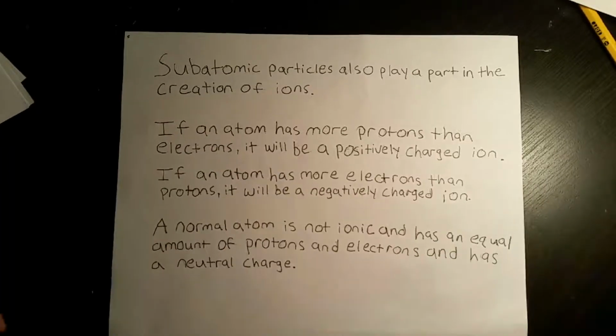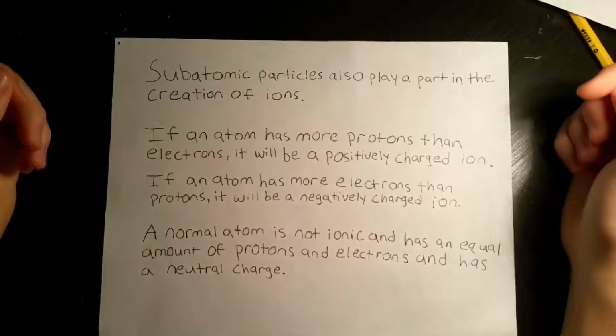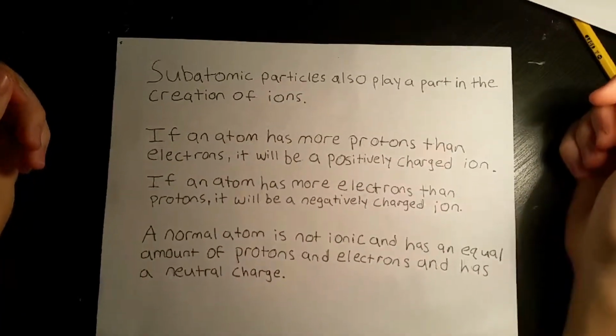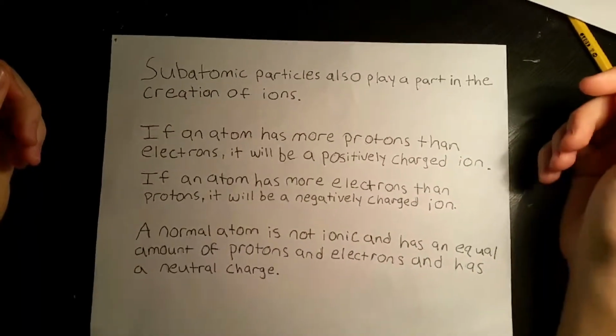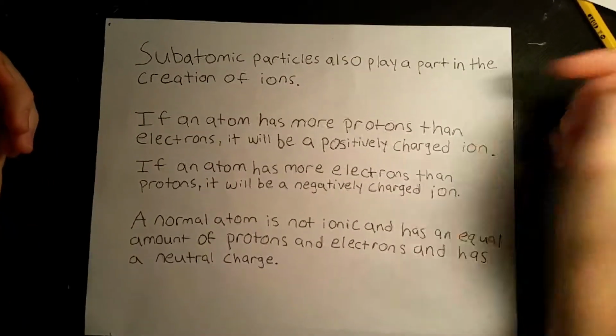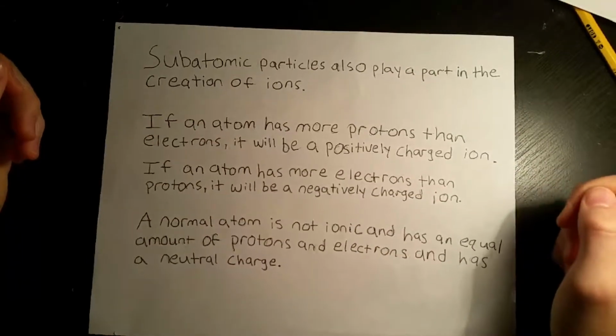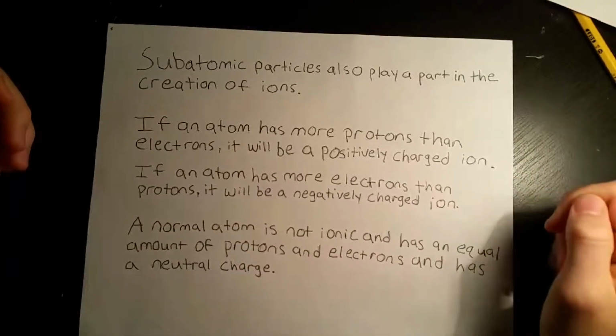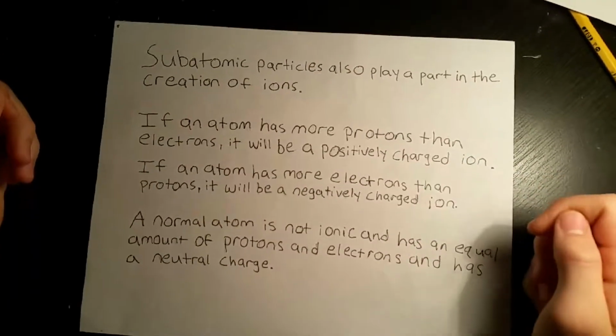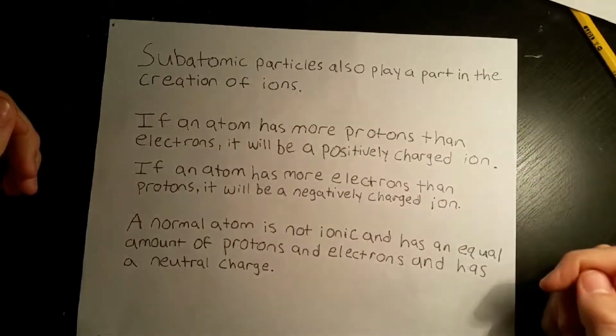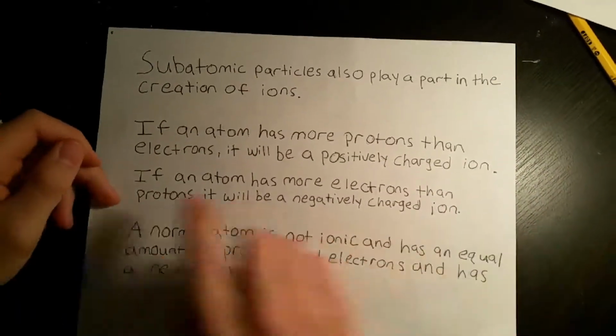Subatomic particles also play a part in the creation of ions. When, say, an electron is removed from an atom, that would mean that the atom now has a more positive charge because the number of protons outnumbers the number of electrons.